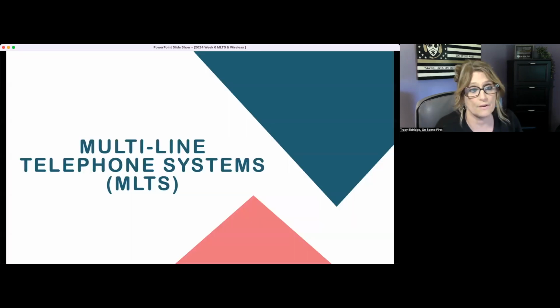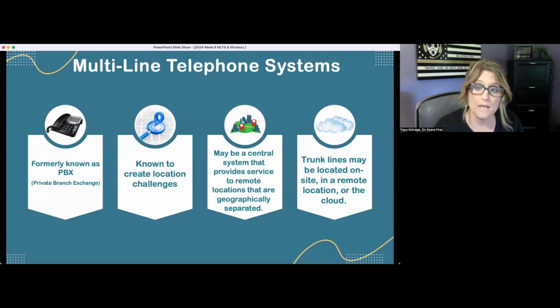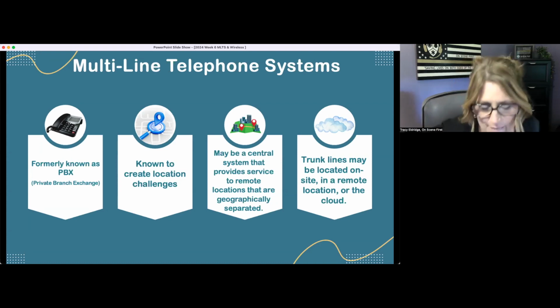Now let's get into the multi-line telephone system stuff. As far as our manual goes, they use the term right in the beginning of this section. They refer to MLTS, and that's what I'm going to call it, because multi-line telephone systems is a mouthful at times.